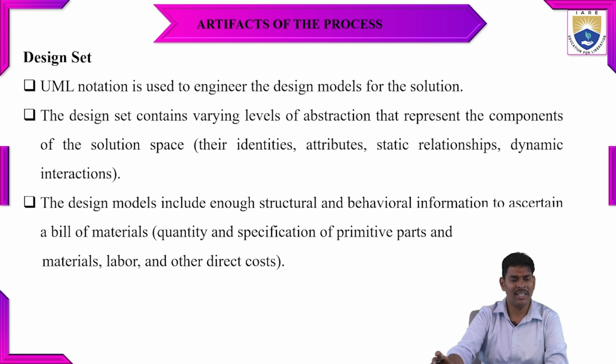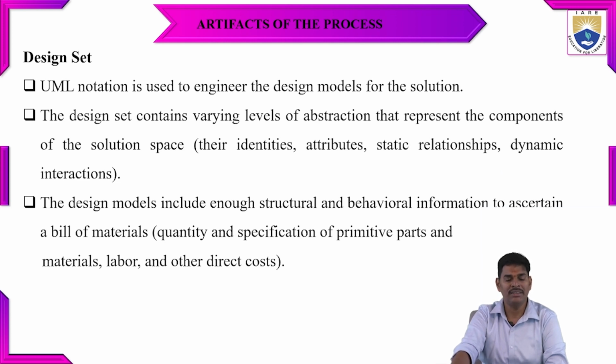Okay. The next one is the design set here. This is the third set, which we can call the design set. In the design set, they need to have the UML notations used to engineer the design models for the solutions. In the design sets, they need to have the levels of abstraction, and how they are going to represent the components for the solution space, such as the entities, attributes, static relationships, and dynamic interactions.